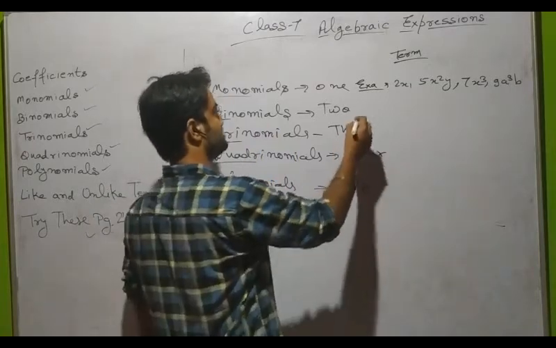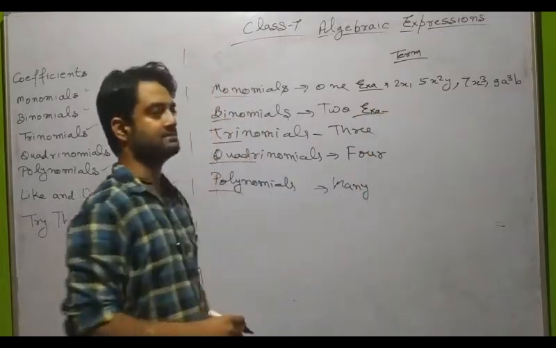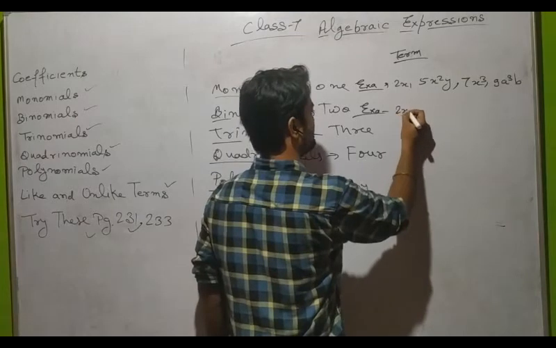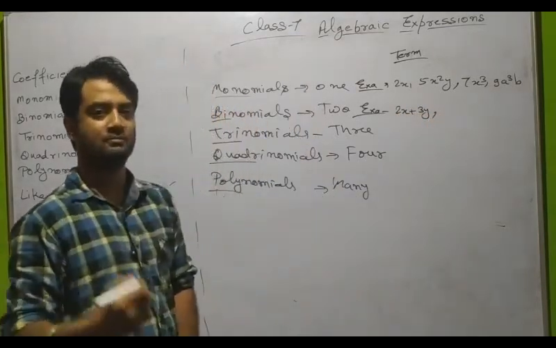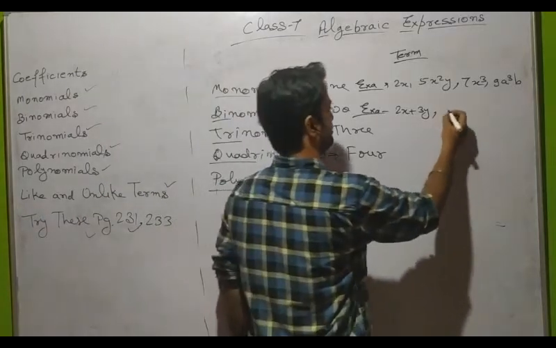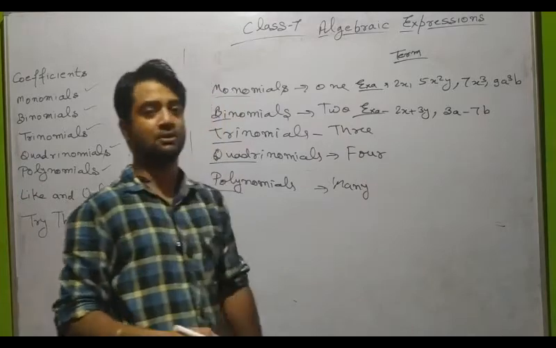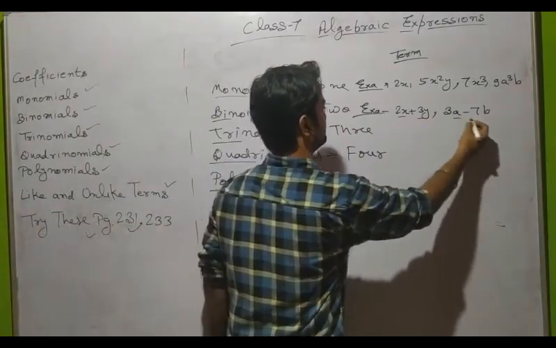Now binomials means exactly the algebraic expression containing two terms. So 2x plus 3y is an example of a binomial. 3a minus 7b is also an example of a binomial, because they contain two terms.